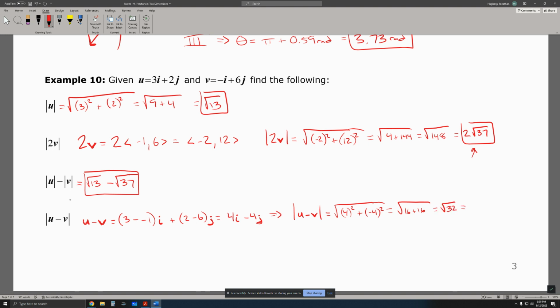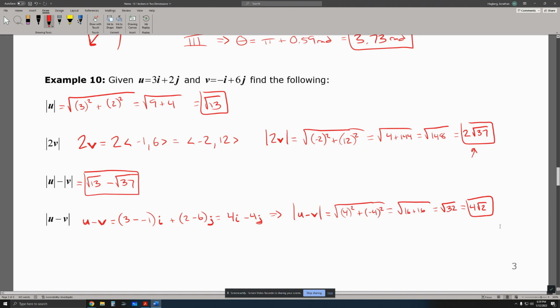I know that this has a perfect square factor of 16, so this is equal to 4 square root of 2. And that's our final answer. So notice that the difference of the magnitudes is different than the magnitude of the difference. Okay, these two quantities are not equal.